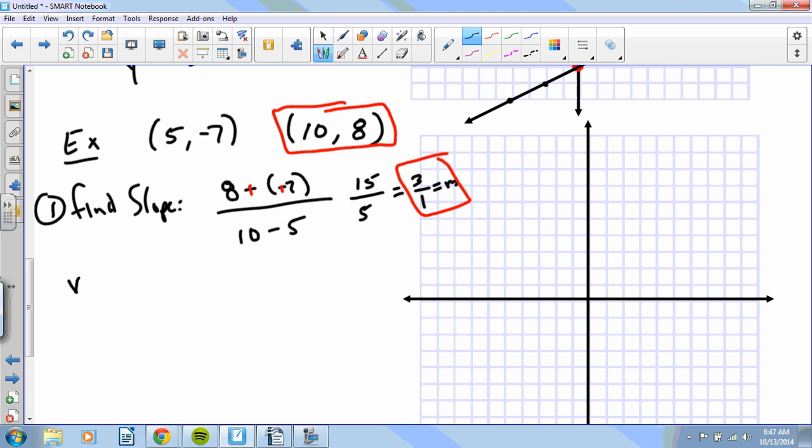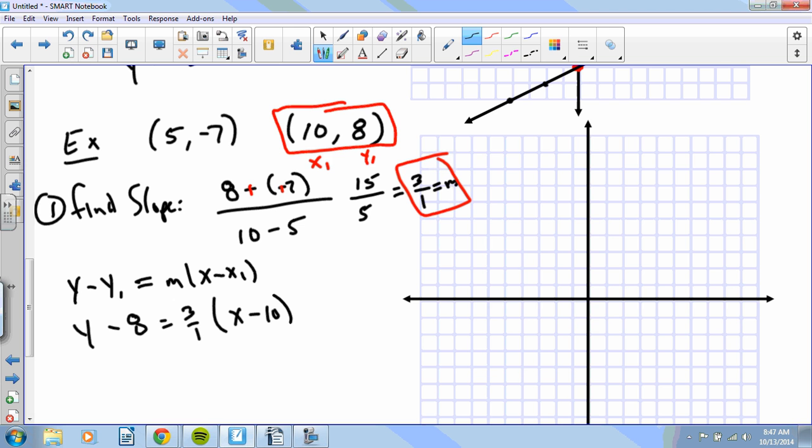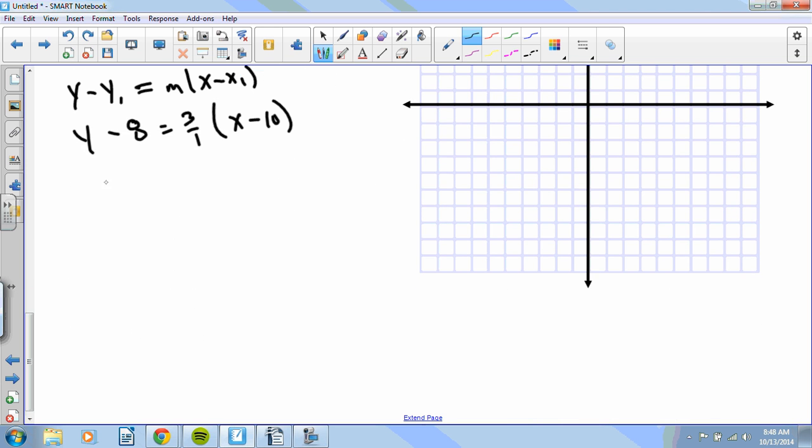All right, so again, remember, it's point-slope form: y minus y1 equals m times x minus x1. Plug those values in. Here's x1, here's y1. So y minus 8 will equal my slope, 3 over 1, times x minus 10. Then we have to distribute that 3 in.